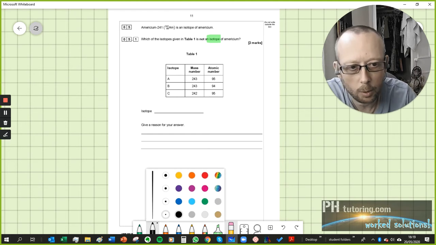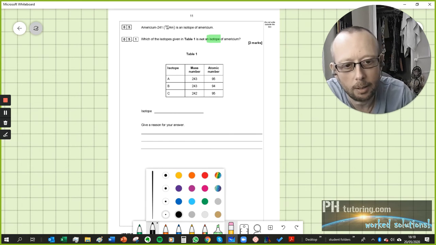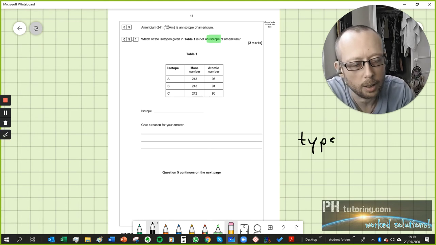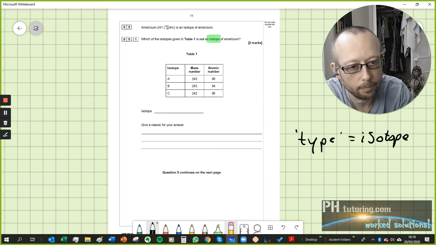first of all, that question, what's an isotope, is a pretty bad question, and I hear it a lot of the time. But the word isotope is like the word type. There are many types of elements, in other words, there are many isotopes of a particular element.